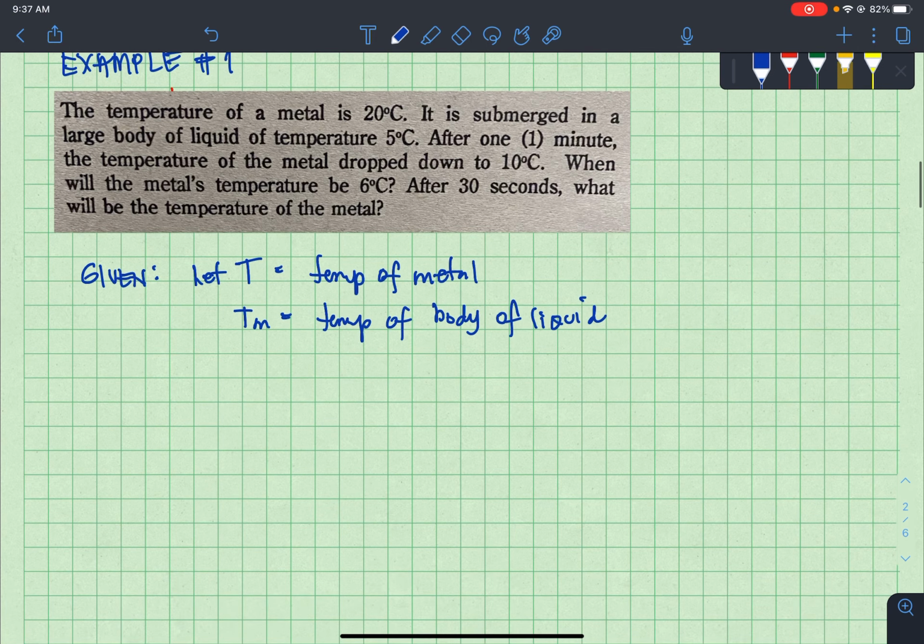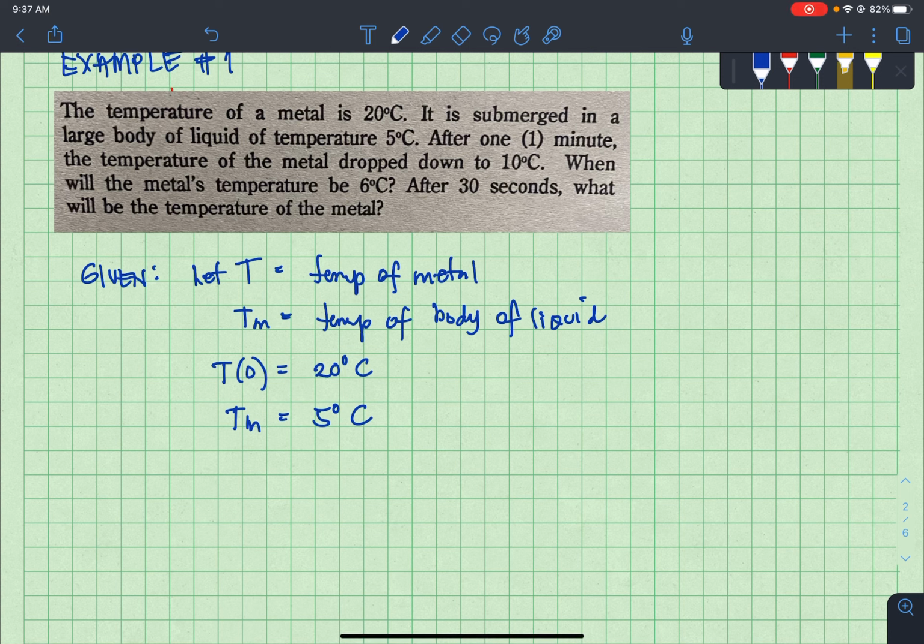From here, we can now say that the temperature of the metal is 20 degrees Celsius. That means initially, the temperature of the body is 20 degrees Celsius. It is submerged in a large body of liquid of temperature 5 degrees Celsius. Since the temperature of the body of liquid is our T sub M, T sub M is equal to 5 degrees Celsius.